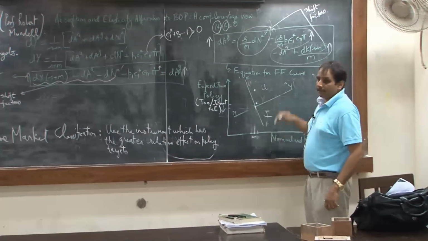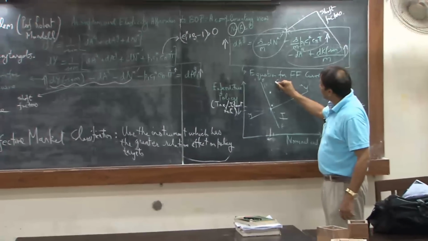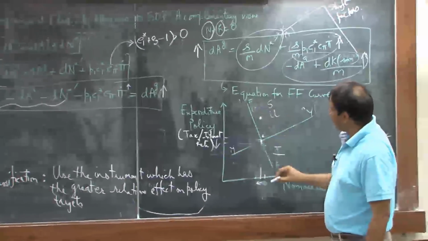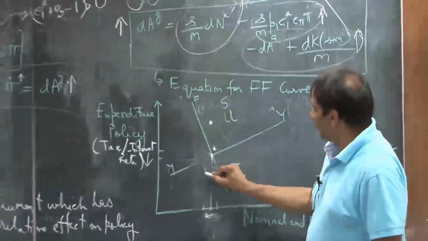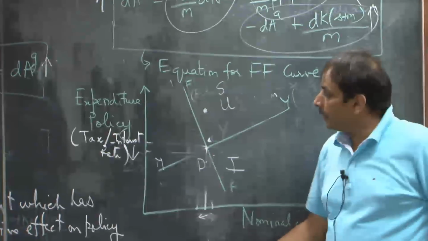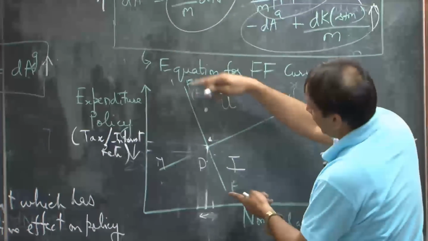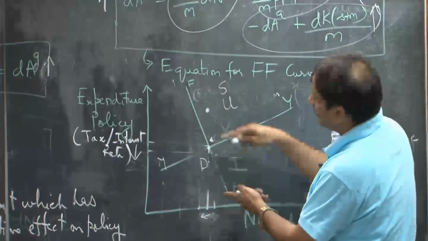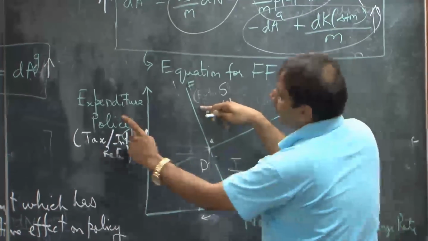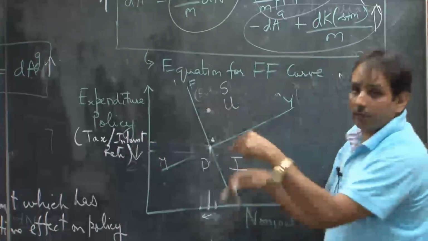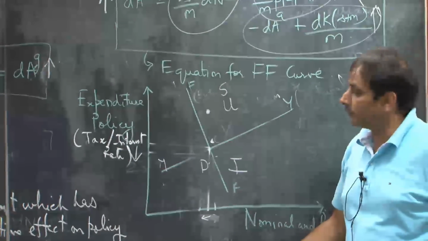Anything above FF is a surplus in the balance of payments. Anything below FF is a deficit in the balance of payments. Why? Because FF is a set of points which give you external balance. Anything above means that you have adopted more restrictive expenditure policies.